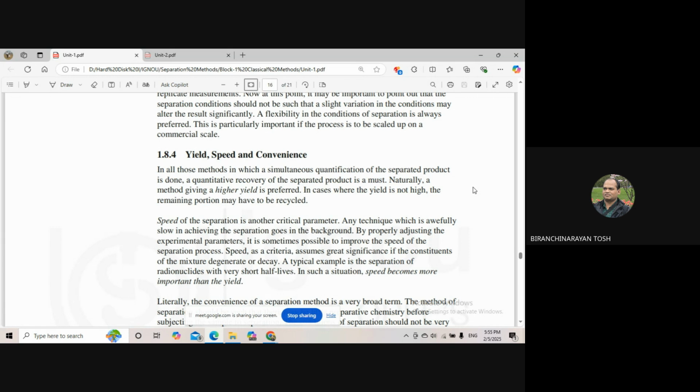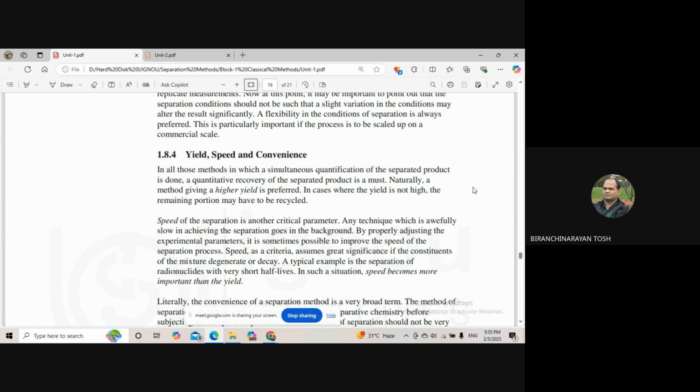Speed of separation is another criteria, because if you take months for separation, then we cannot spend so much time there. Any technique which is awfully slow in achieving the separation goes in the background. By properly adjusting the experimental parameters, it is sometimes possible to improve the speed of separation.